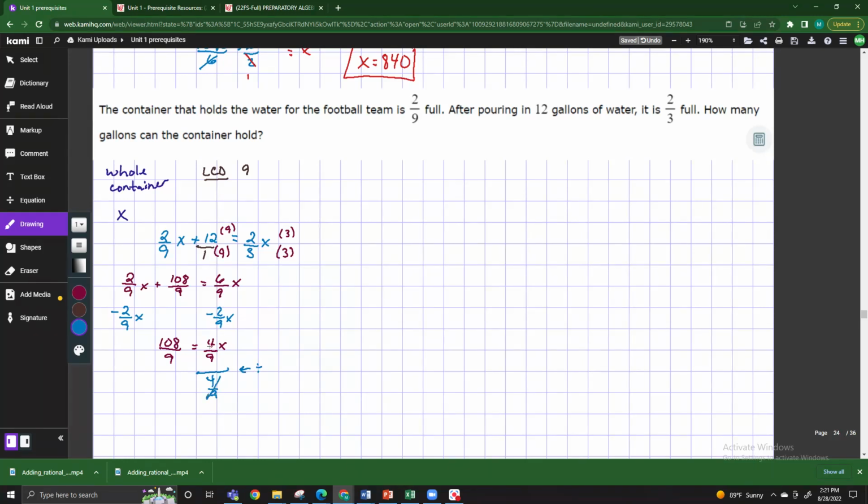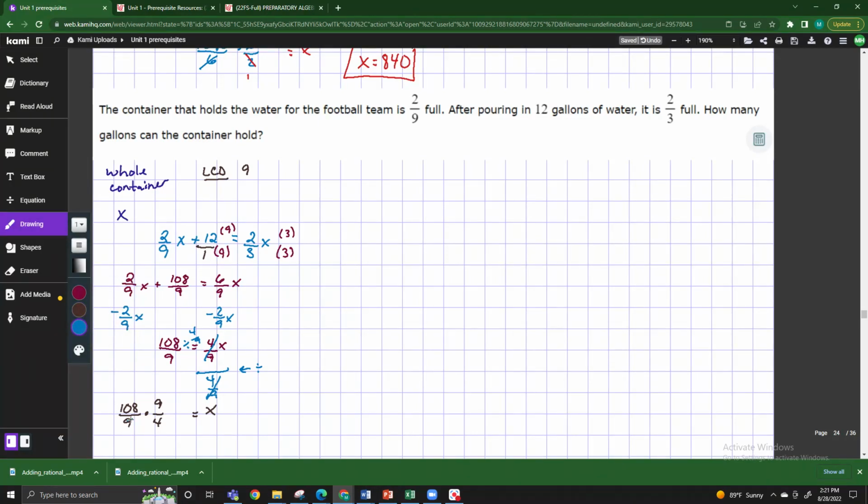So the top and bottom match, so they cancel out. This I do want divided by 4/9 because I actually want to do my keep, change, flip. So I have 108 over 9 divided by, so it's going to be changed to times, flip the fraction, 9 over 4, and this is going to equal X because that's all that's left over there.